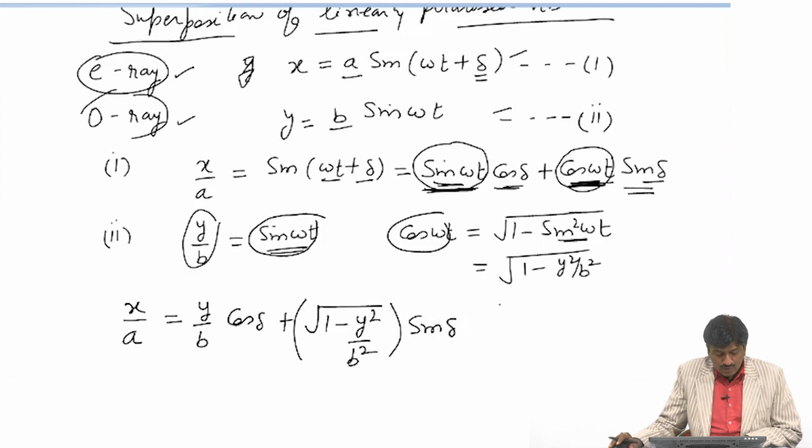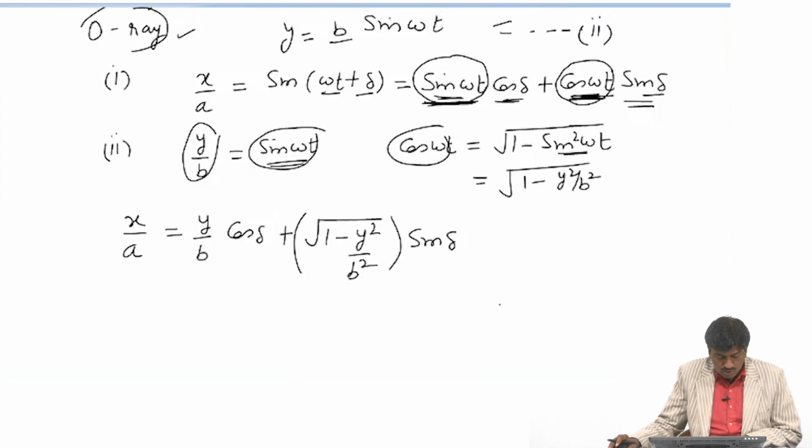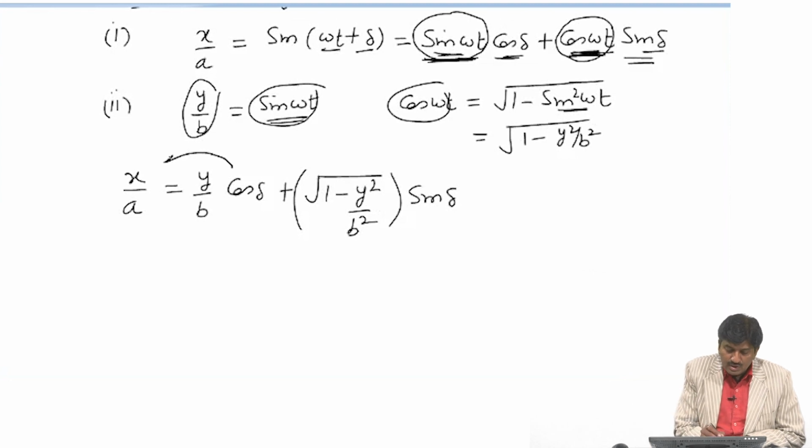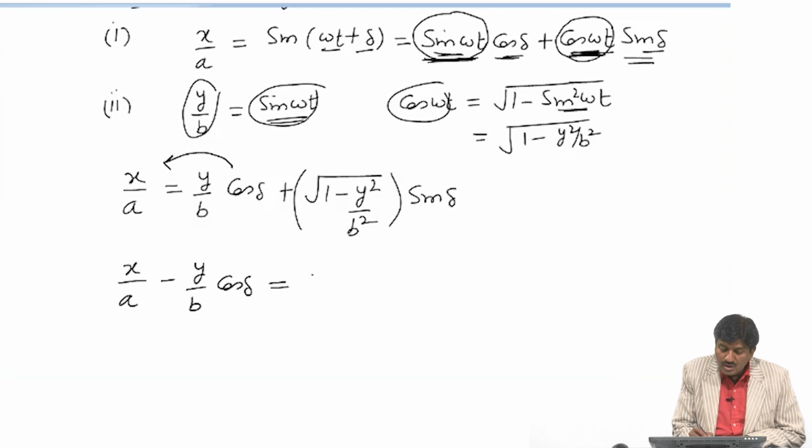Shifting this term to the left side, it becomes x upon a minus y upon b cos delta equal to under root 1 minus y square upon b square sin delta.